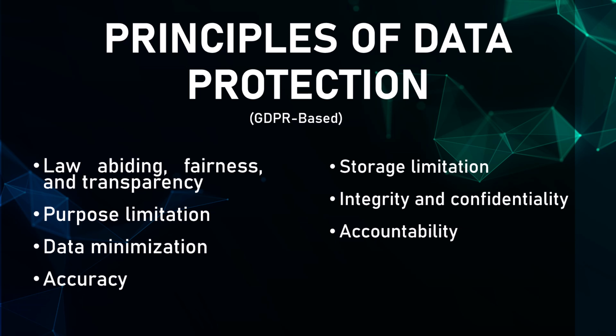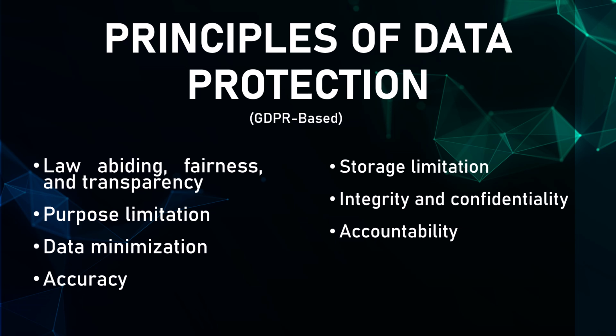So there is that principle to ensure that whatever information or data about an individual is collected abides with the law, and that the manner in which it is collected, stored, used, processed, transmitted, or even at rest is fair and transparent, so that the data subject can be fully informed and aware.